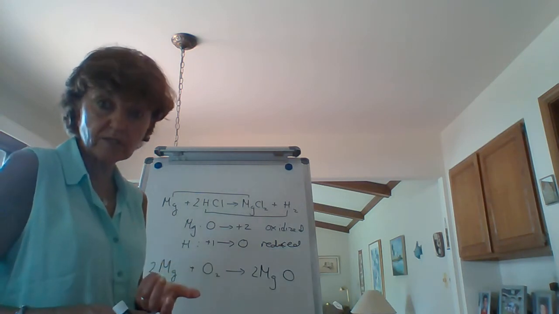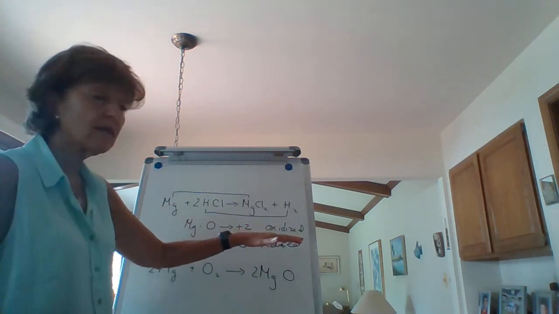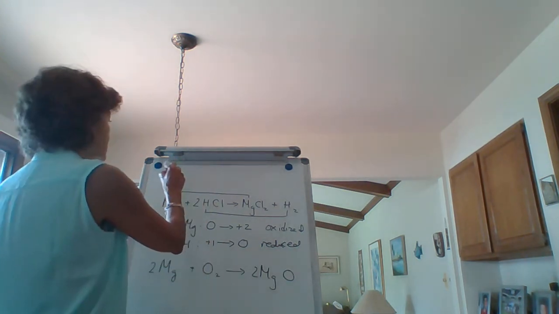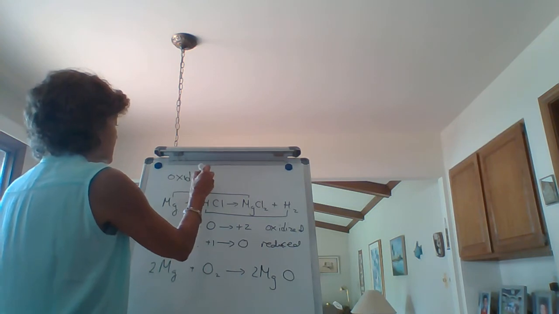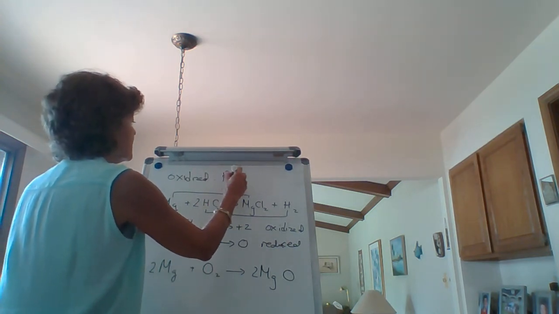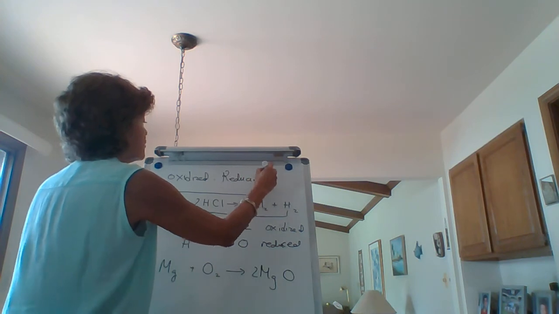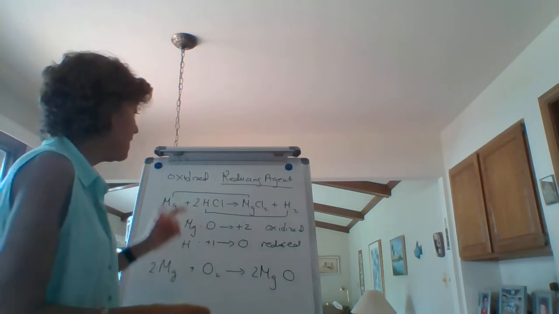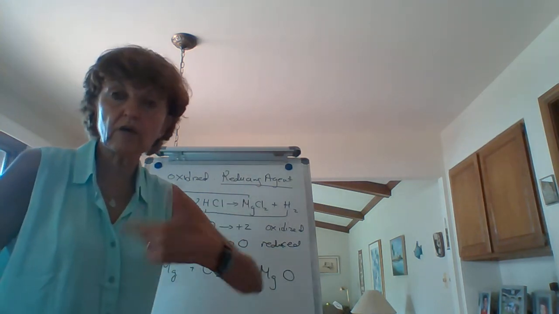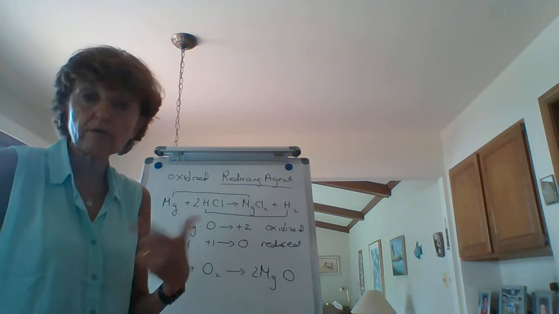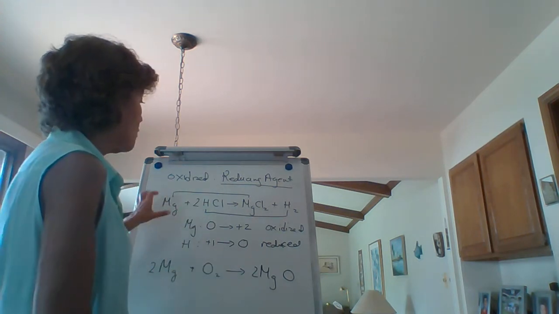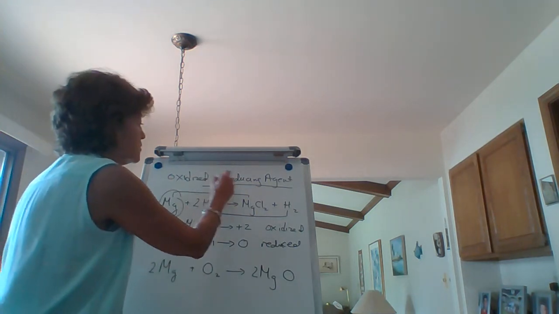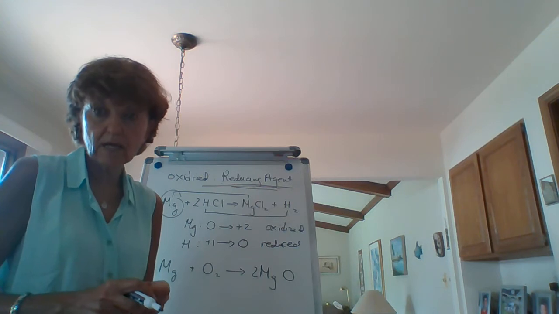Now there's an added twist to this. Anything that gets oxidized is called the reducing agent. It's a little counterintuitive, but it actually does make sense because it is the agent of the reduction of the other element. It is the reason the other element got reduced. So whatever gets oxidized, which is the magnesium, is also called the reducing agent.